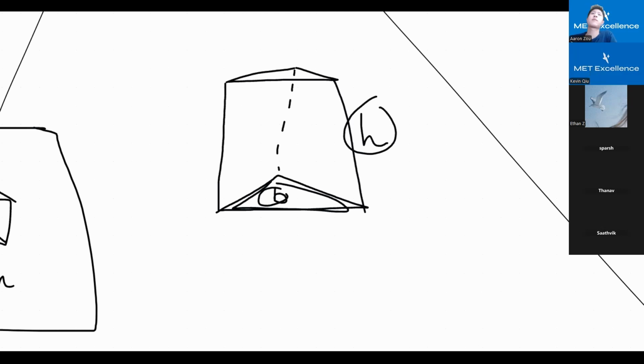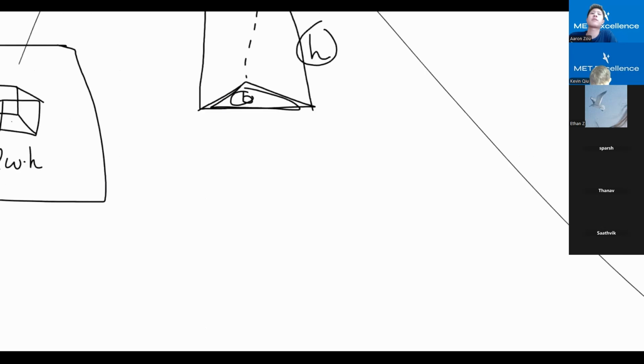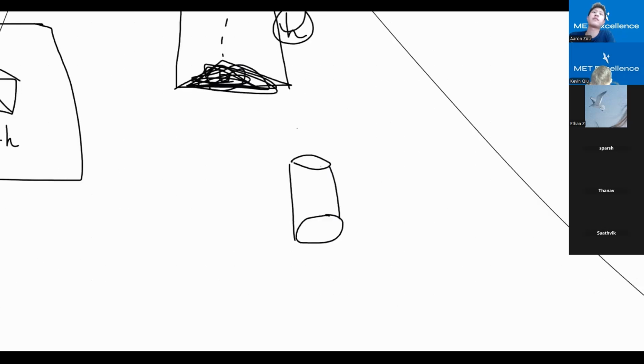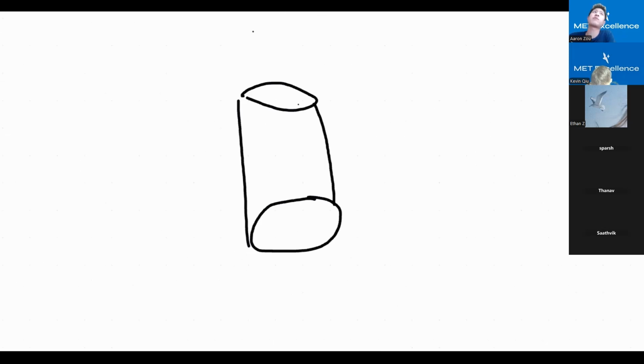Yeah. A cylinder is basically a circular prism, so if we apply the concept of the triangular prism, all we do is take the area of the base shape times the height. For a cylinder, the base shape is a circle.